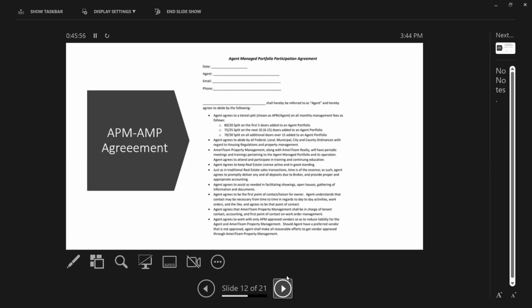That's for us, but you get your split. Now, if you're just referring somebody and walking away, I think we give like a $300 referral fee, but you don't get both. If you're going to refer somebody and give it to him and we're going to take care of it, you get a referral fee. If you're going to build your own portfolio and bring them on board, you get a residual. So you don't get both.